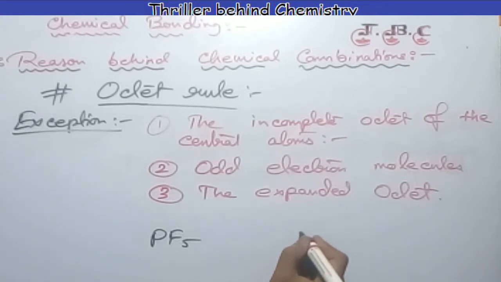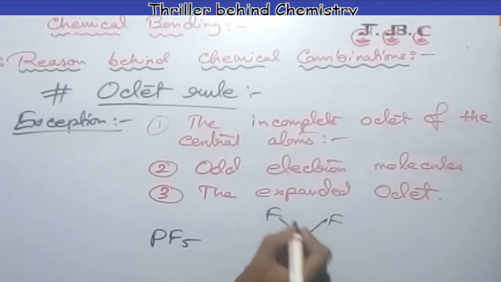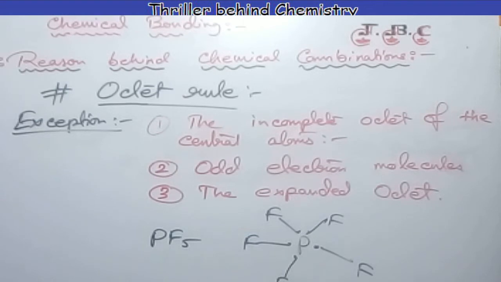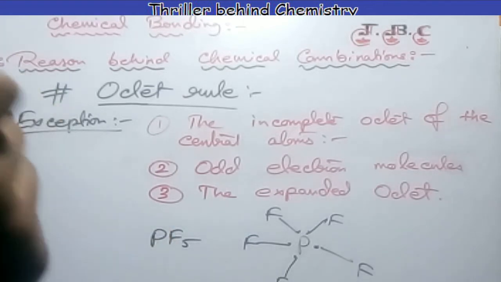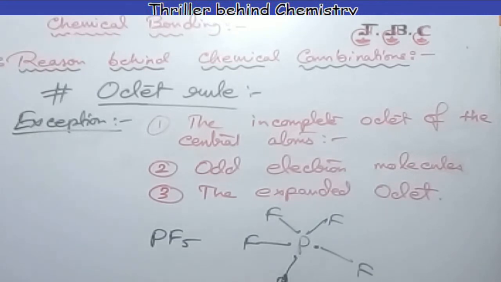So phosphorus has 1, 2, 3, 4, 5. Here around the phosphorus there are 10 electrons, that is more than 8 electrons. So we now realize that the octet rule does not apply in such cases.